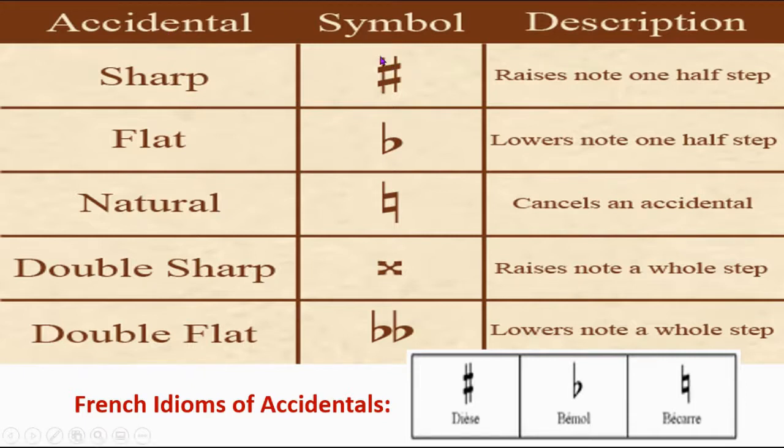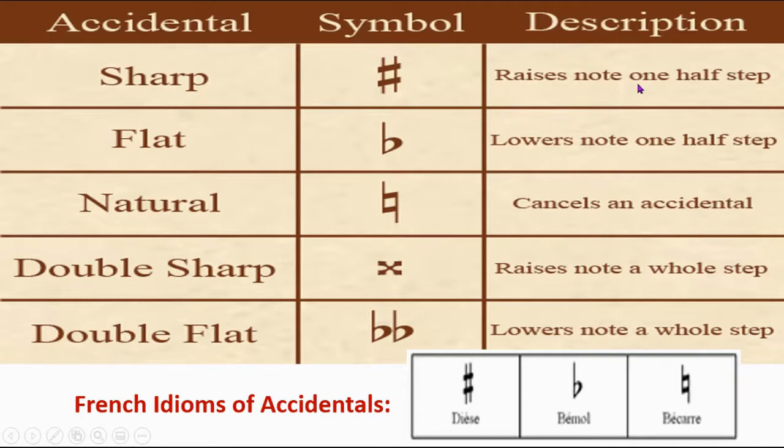Accidentals: if you put this kind of symbol before a note, it changes the note in some way. So the sharp, or in French the dièse, raises the note up by a half step.